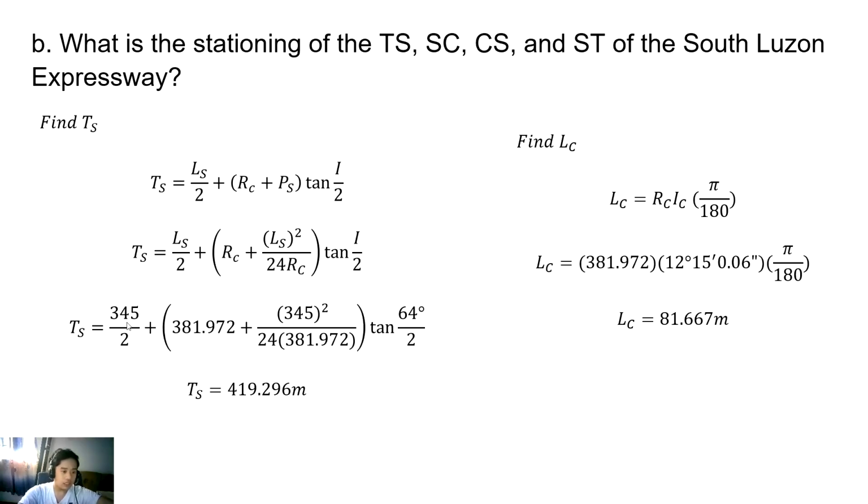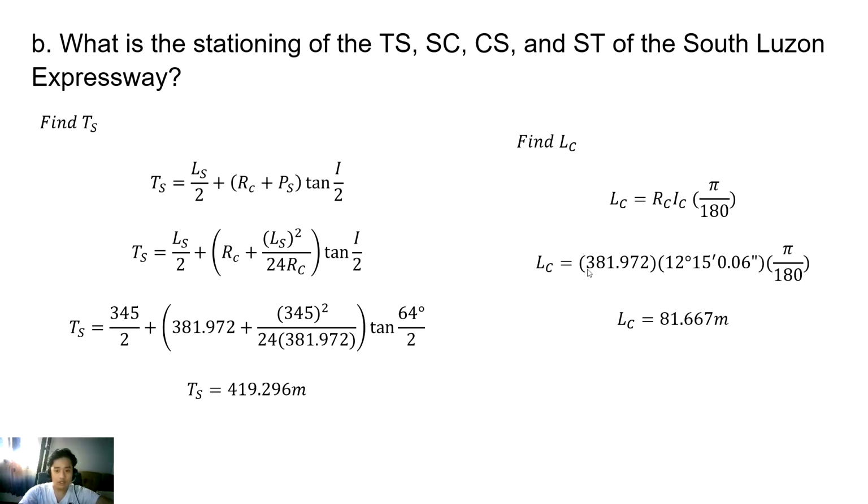Ang LS natin ay 345. Magiging 345 over 2 plus RC natin, which is 381.972, plus LS squared, which is 345 squared, over 24 times RC, which is 381.972. Then, times natin siya sa tangent 64 degree, which is yung I over 2. And we'll get the TS, which is 419.296.